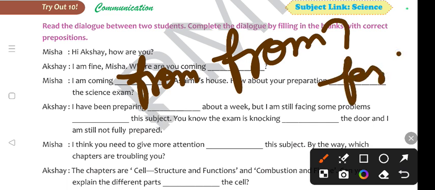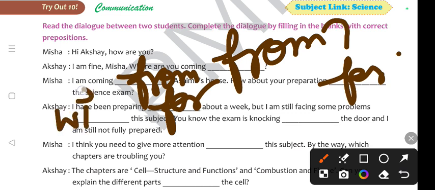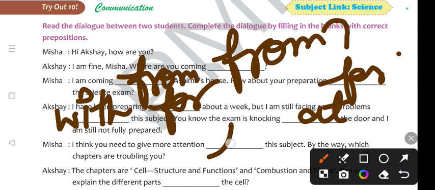I have been preparing for about a week, but I'm still facing some problem with this subject. You know, the exam is knocking at the door, and I'm still not fully prepared. Misha, I think you need to give more attention to this subject. By the way, which chapters are troubling you?